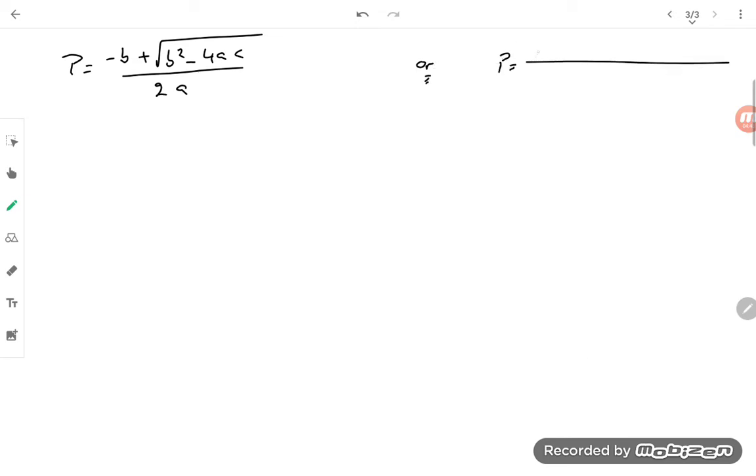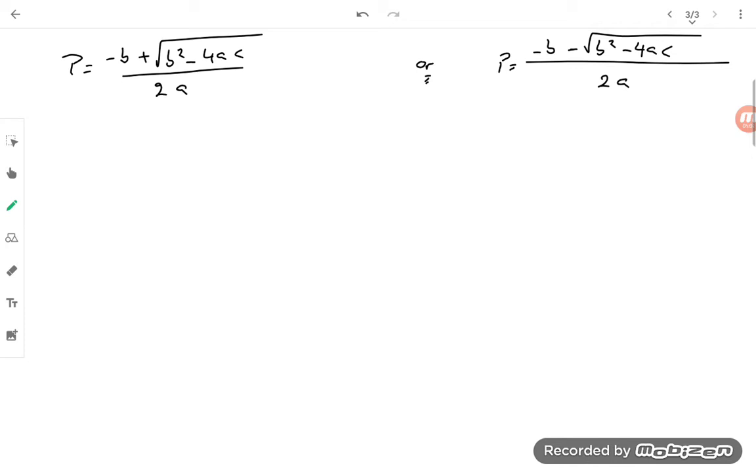So b can be written as negative b plus the square root of b squared minus 4ac divided by 2a, or b equals negative b minus the square root of b squared minus 4ac divided by 2a.